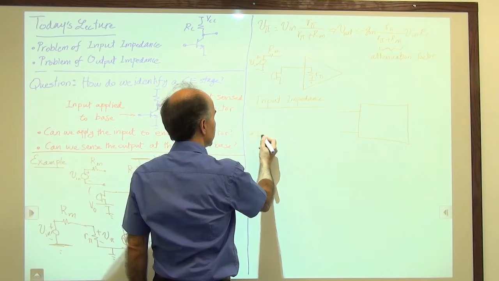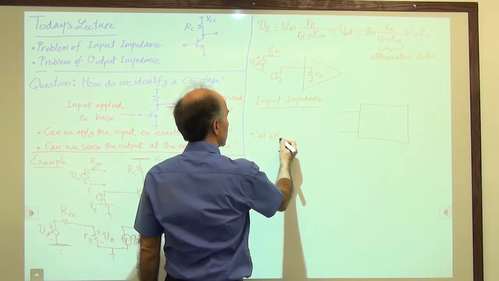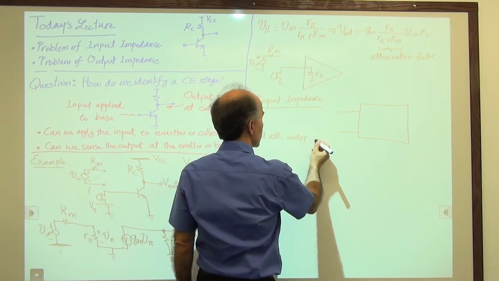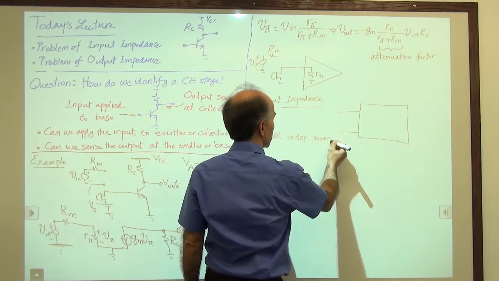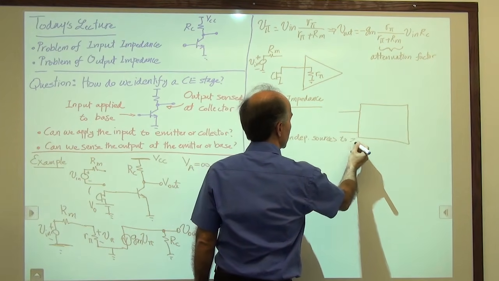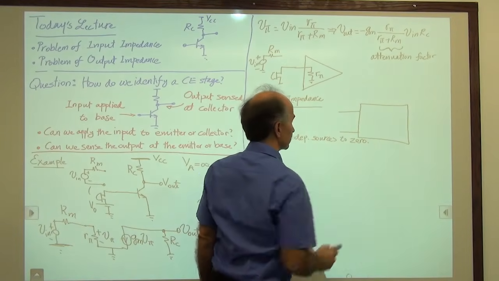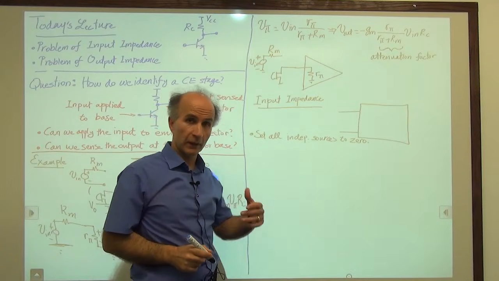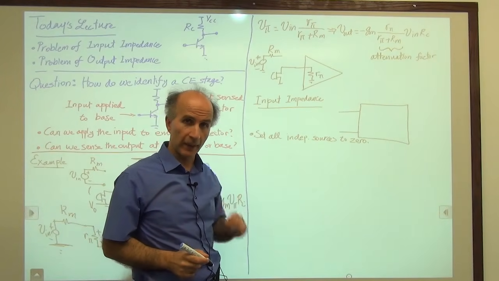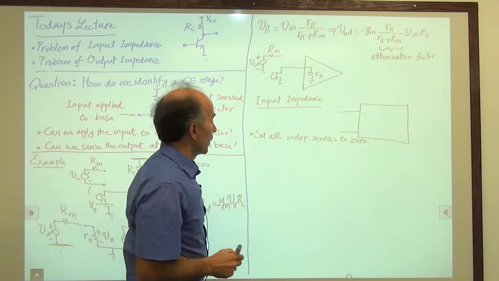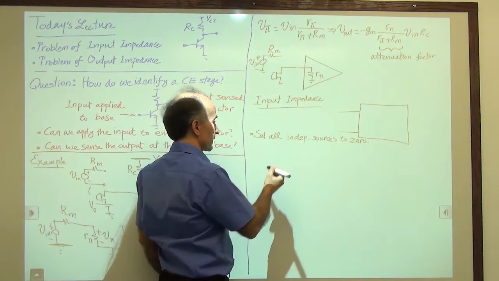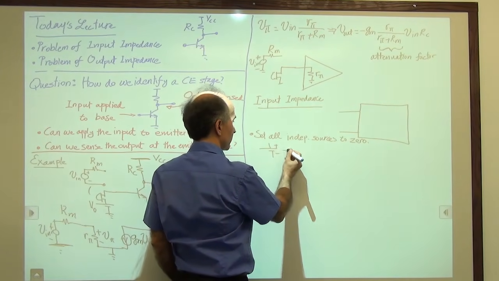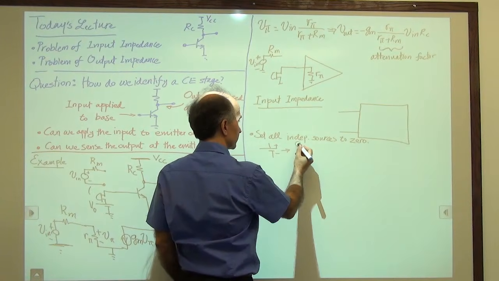We set all independent sources to 0. They have to be independent, meaning they don't depend on the input signal, they don't depend on something else, they are independent. So for example, if we have a constant battery, it becomes a short circuit.